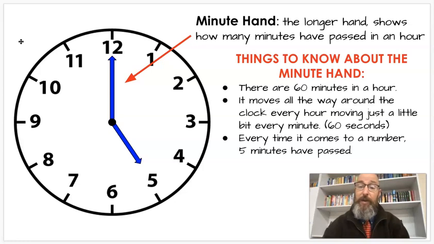Every time it comes to a number, 5 minutes has passed. So when you see these numbers around it, these numbers really aren't for the minutes as much as they are for the hours. Really, the minutes, these numbers just tell you how many jumps of 5 to make. So if I'm here, I'm making 2 jumps of 5. 5, 10. So for minutes, it's a 10 and not a 2.